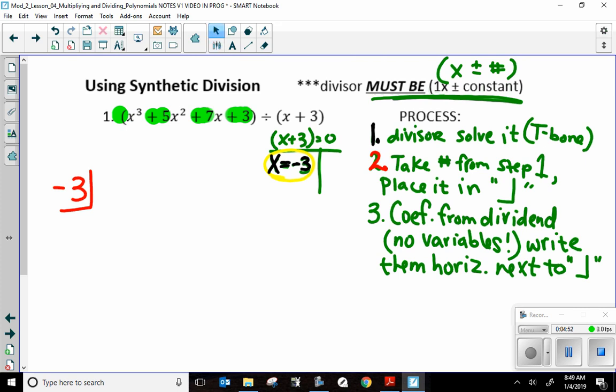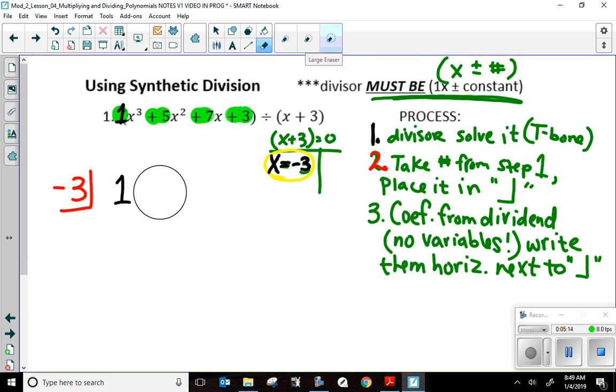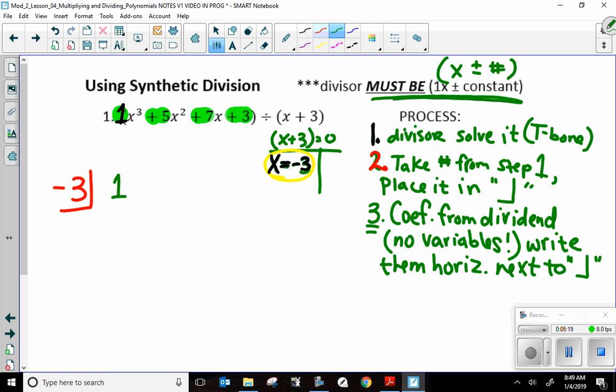Please note that in front of this x cubed, it's 1x cubed, isn't it? So I just want those numbers, and I'm going to write them horizontally to the right of my little L. So I've got a positive 1, a positive 5, a positive 7, and a positive 3. This is in green. So I've got 1, 5, 7, and 3.